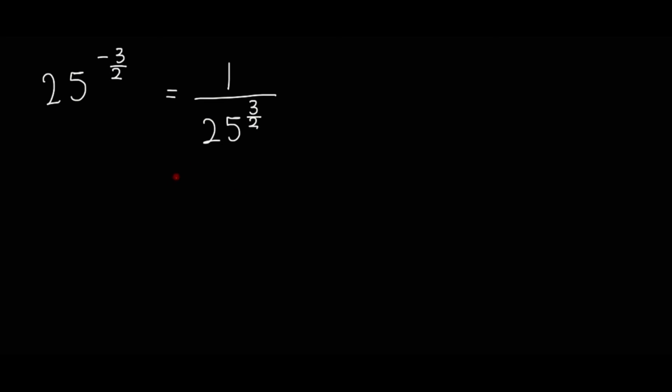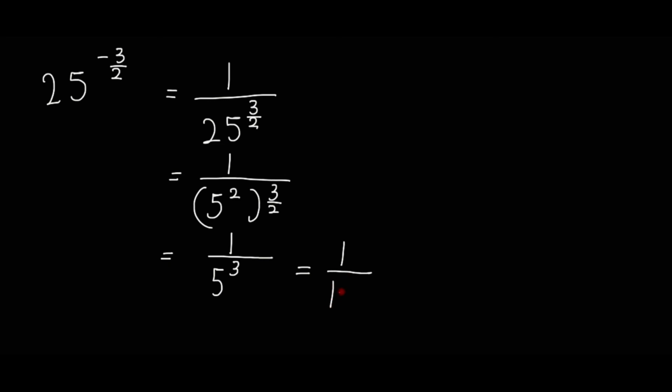And then from here we write 25 as 5 squared, to the power 3 over 2. And then 2 times 3 over 2 is 3. And then our answer is 1 over 125.